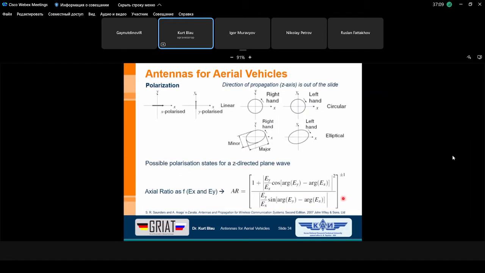Then again, back to the polarization. If we have pure equal components in this direction, in the x direction or in the y direction, then we have pure linear polarization. It's clear, but in practice it's not given.